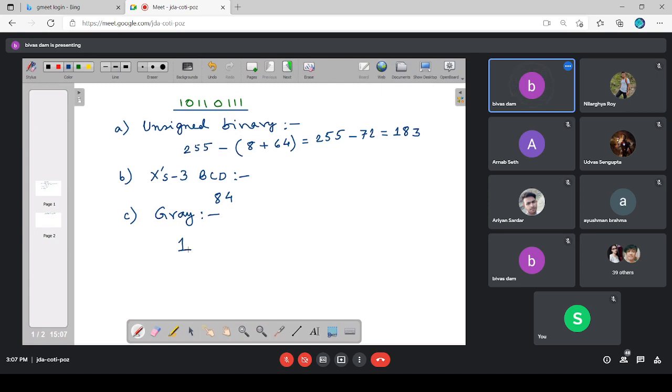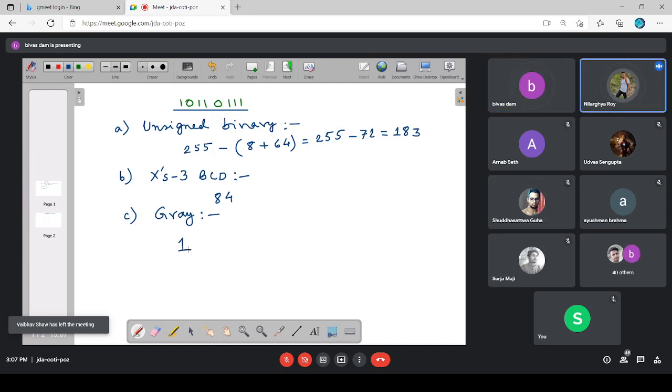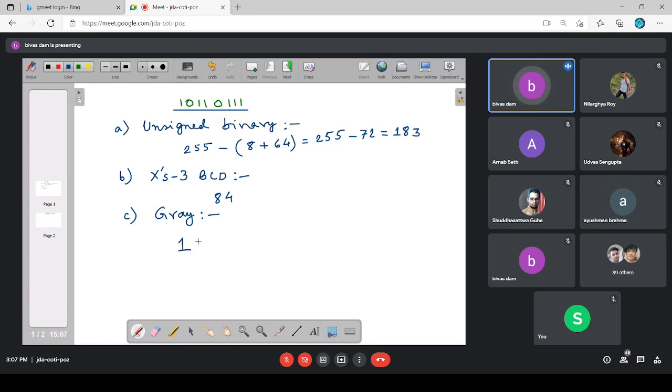Then the next bit should be the complement of the present input or the copy of the present input, depending on the last output. So what is the last output here? One. So now the present input 0 has to be complemented. What is the last output? 1 again.